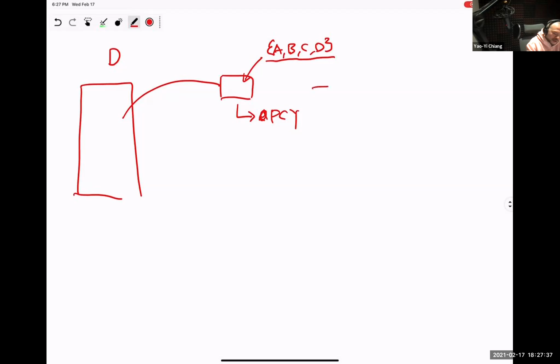After you run PCY, you have some frequent item set candidates. Okay, and this only has A, B, C, and some other pairs or triples.